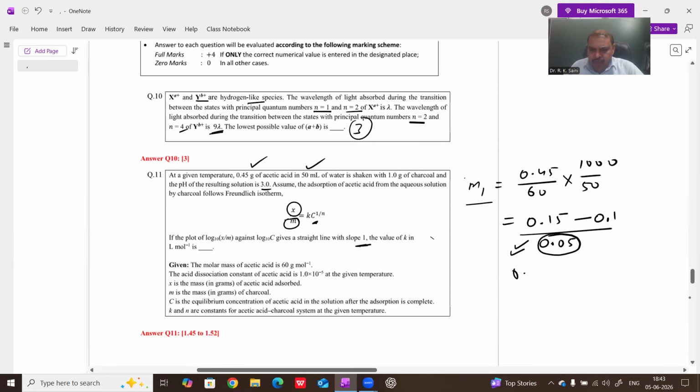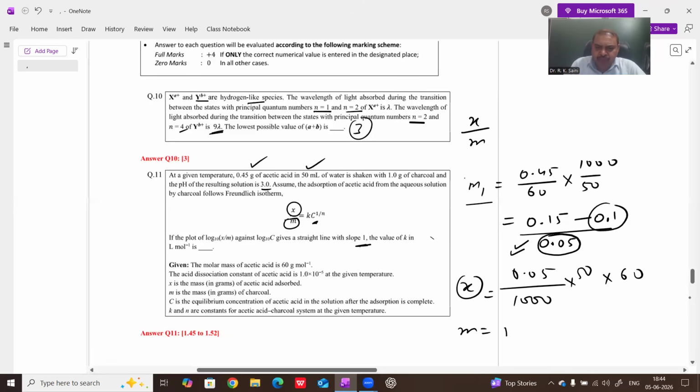This is 0.05 moles present in 1 liter. Therefore, in 1 ml, and in 50 ml, the moles multiplied by their molar mass, and this amount is known as X. This is X, and the amount of charcoal is 1 gram, and the concentration of C, putting the value of X upon M equals K into C to the power 1 by N. 1 by N equals 1, therefore the C. X this, M 1, and C is 0.10.